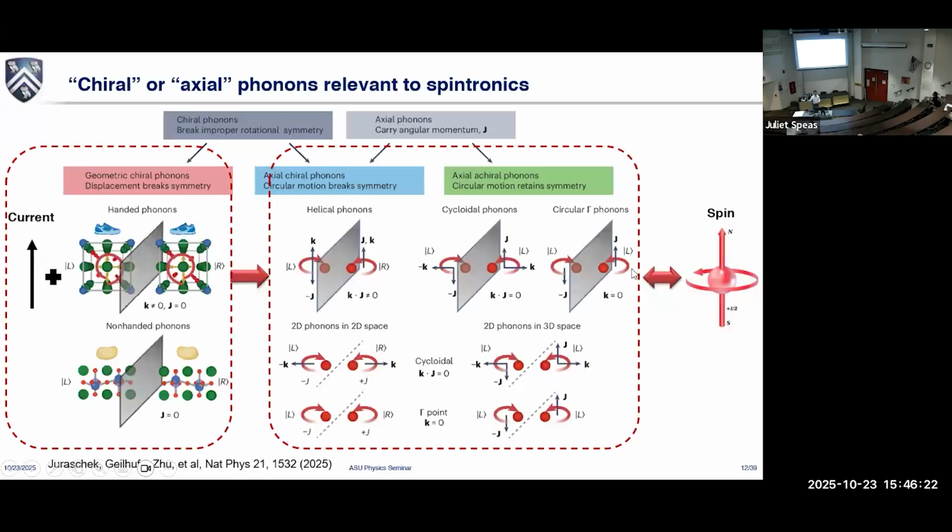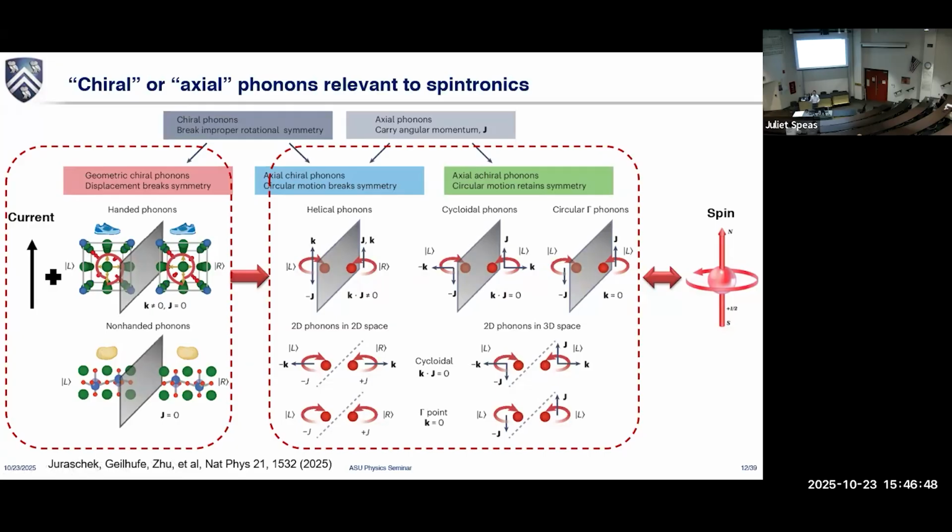The geometrical chiral phonons do not necessarily couple with spin by themselves. But if you do a symmetry analysis, and there's some external field that breaks time reversal, for example, you apply a current, then the current passing through these chiral objects would have the same symmetry as spin. So that will naturally generate spin and vice versa.